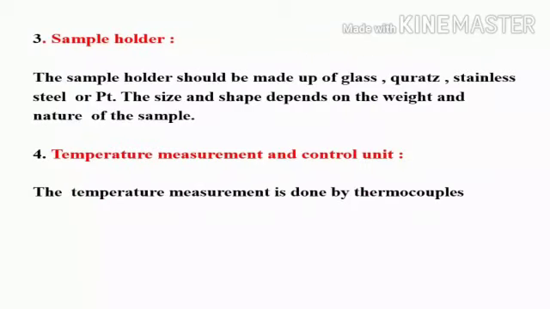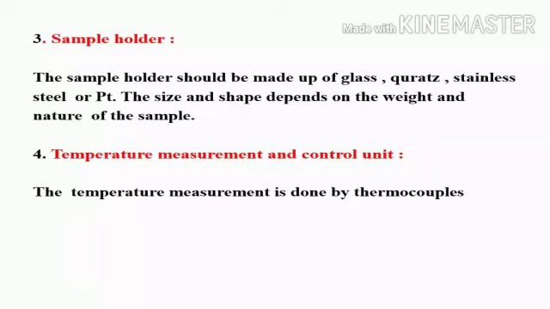Next is sample holder. The sample holder should be made up of glass, quartz, stainless steel or platinum. The size and shape depends on the weight and nature of the sample. Next is temperature measurement and control unit.